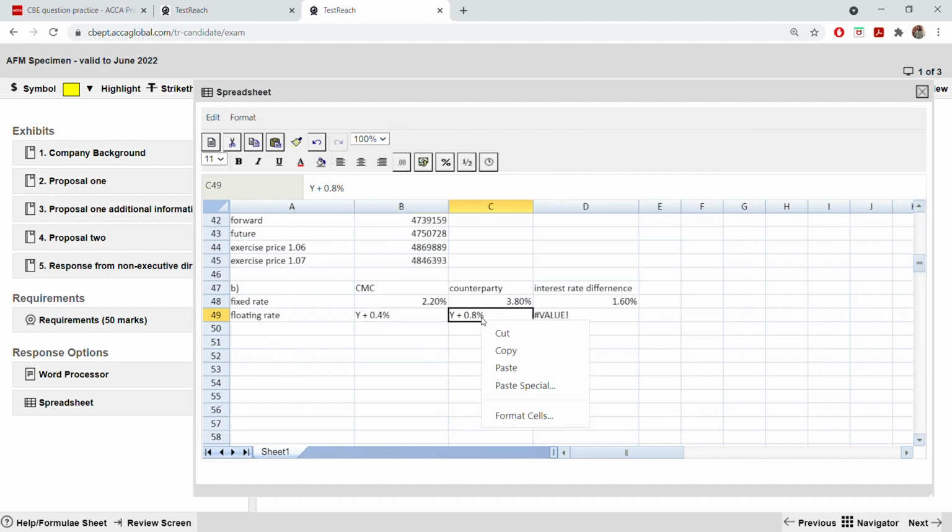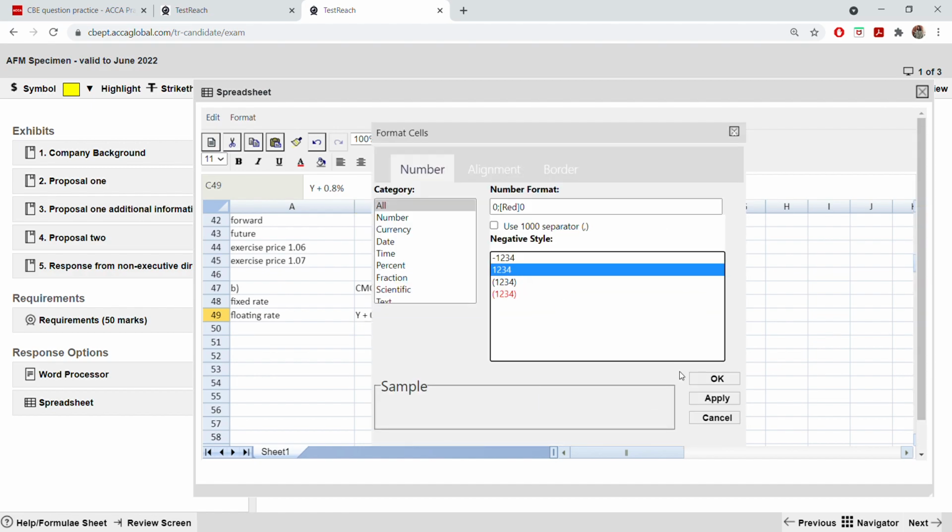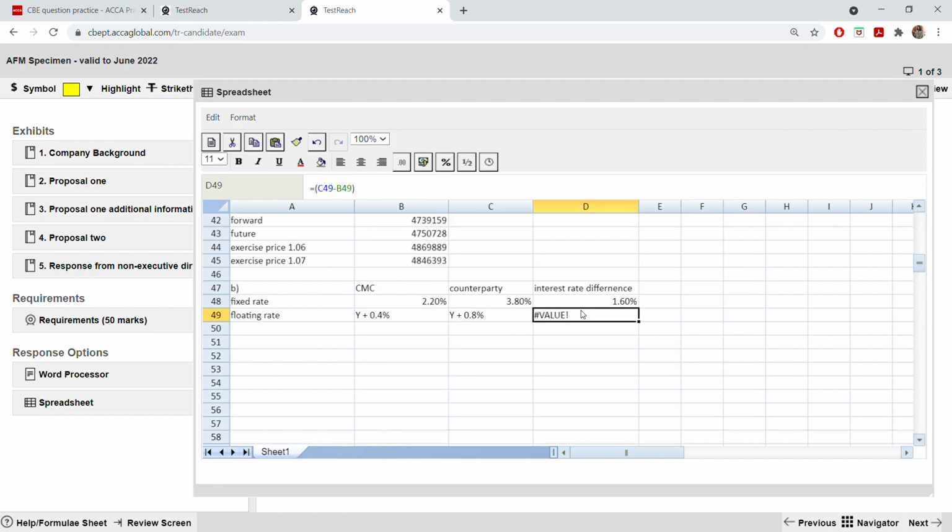We'll just try and see this. It will not take it. Both has to be number. But when you deduct both, Y will anyway go off. Okay, what is remaining is only 0.8 and 0.4. So 0.8 minus 0.4 is 0.4% only.